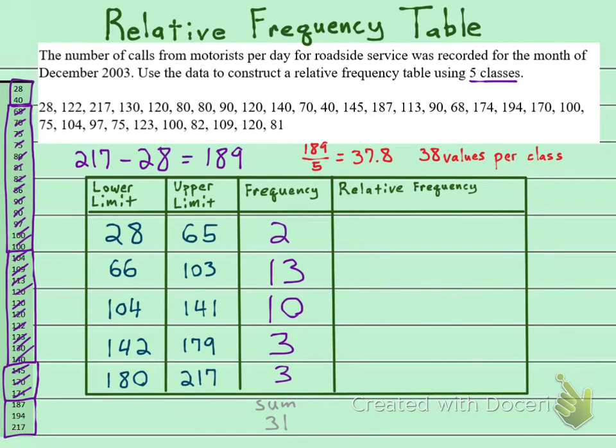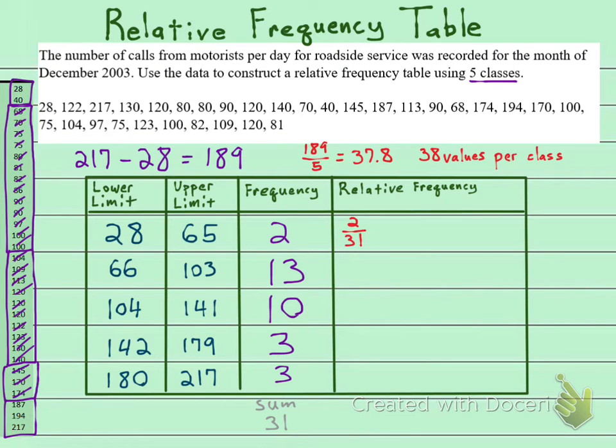Now the column that we're really looking for is the relative frequency, and we're going to put that right here. Relative frequency says, in this class, how many have happened compared to the whole? Well, we've had 2 out of 31 total. So the relative frequency here is 2 out of 31. Sometimes they will ask you for an unsimplified fraction, and we're going to do those first. Other times they might ask you for a decimal, and I'll put the decimal values over here.